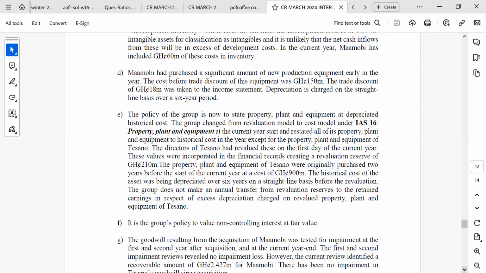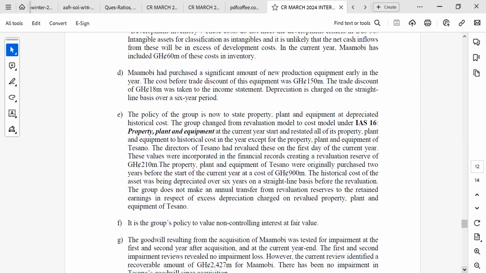Let's take the E. The E is also another important area. That is why I want to solve this question. Please, whatever be the case, you have to be on top of your standards because they are now changing the way of setting the exams. In consolidation, most of the footnotes will be having standards.